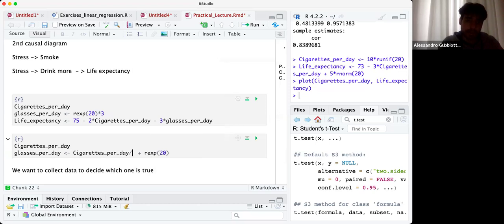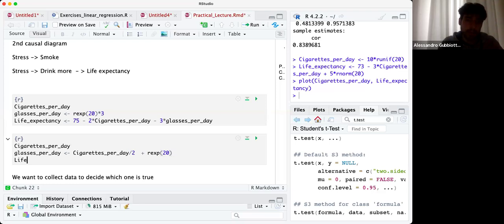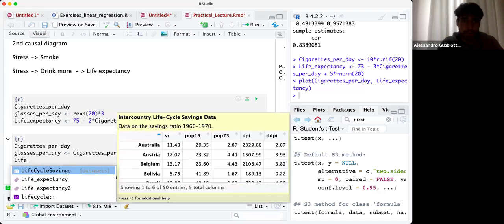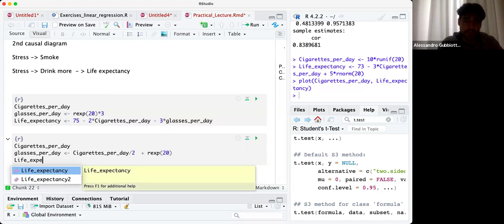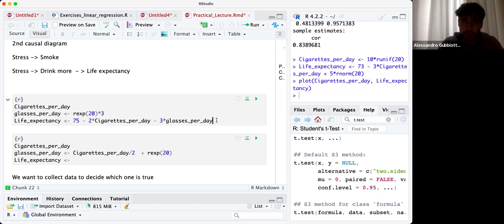Something like this. And then the life expectancy depends only on the alcohol that you consume. Here I should also put some noise that accounts for the other variables that we are not taking into account. So we are assuming it's something like 75 minus glasses per day plus some noise.